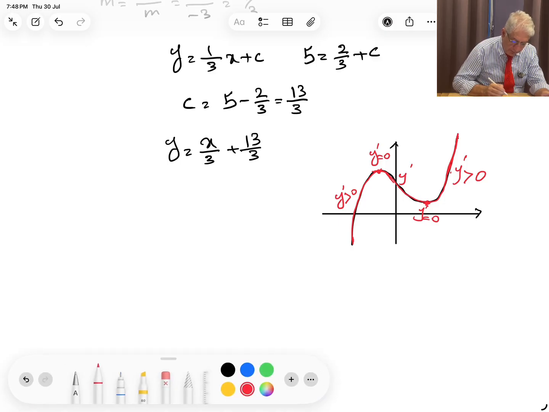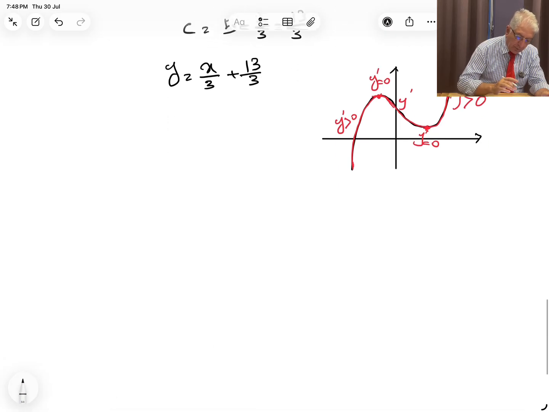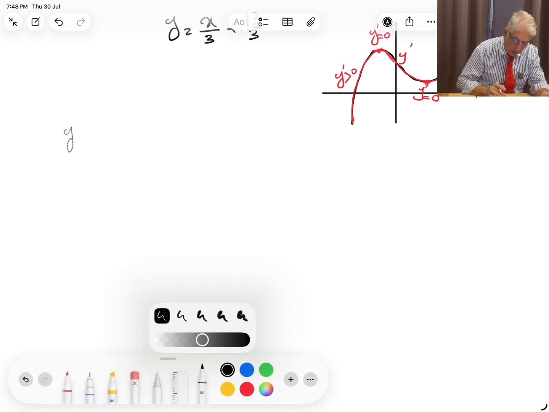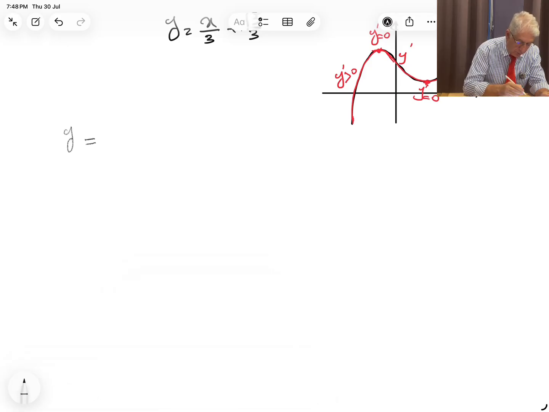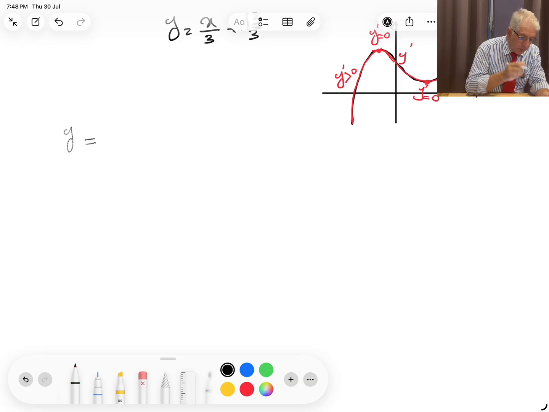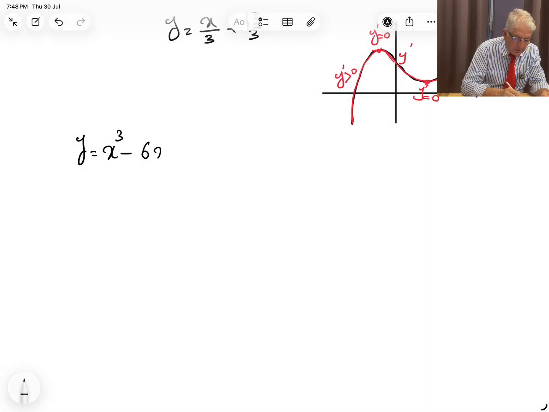Suppose y is equal to x to the power of 3 minus 6x squared minus 9x plus 2.